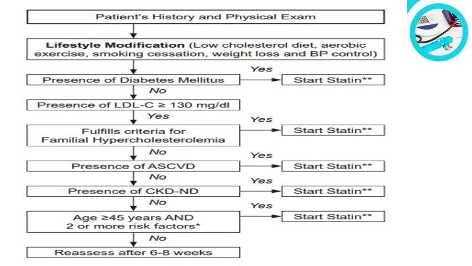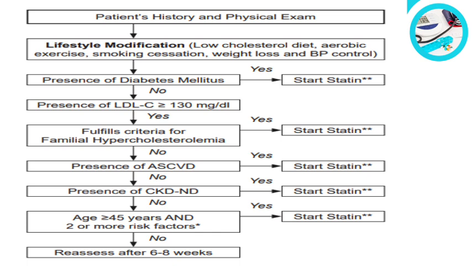Patients who are diabetic should have statin therapy started. Those with familial hypercholesterolemia should be started on statin. Those with atherosclerotic cardiovascular disease should also be started on statin. Patients who have chronic kidney disease and are not on dialysis should also be started on statin therapy as well.